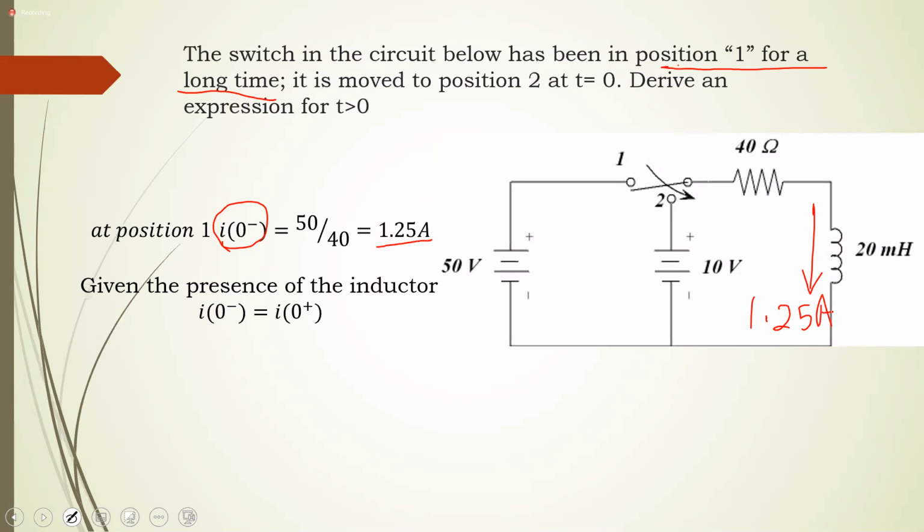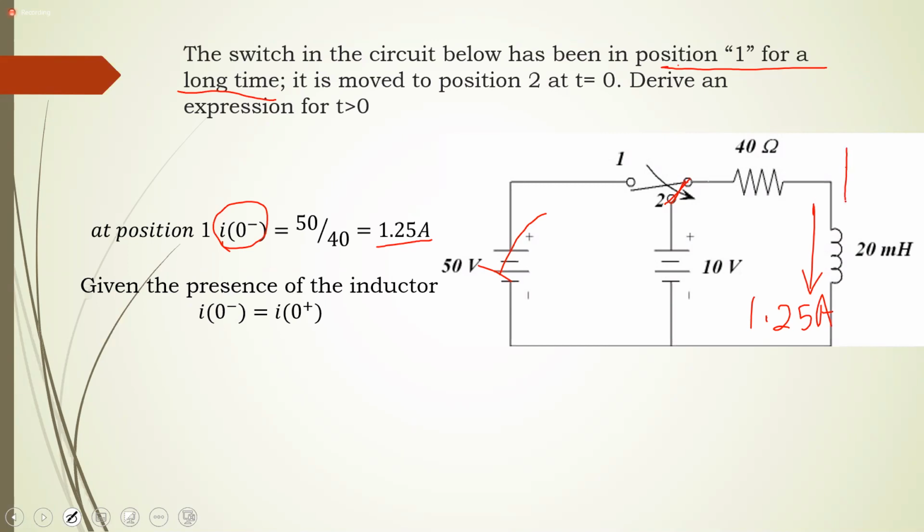All right, now, long after I close the switch, when I move the switch from 1 to 2, I now have the switch closed. So this is now out of the circuit, yes? Long after I have closed the switch, what can you say? Current through the inductor?